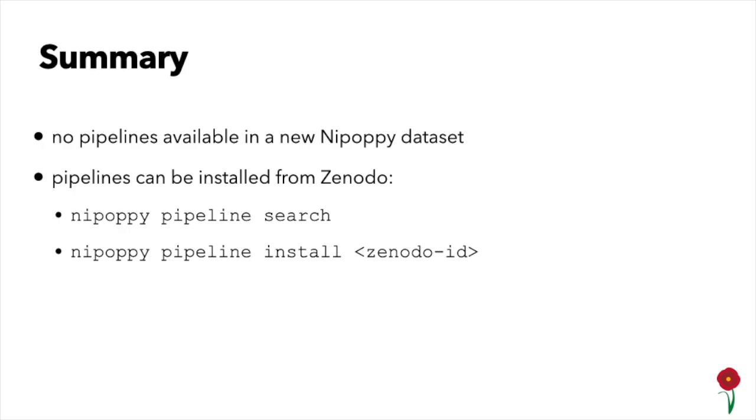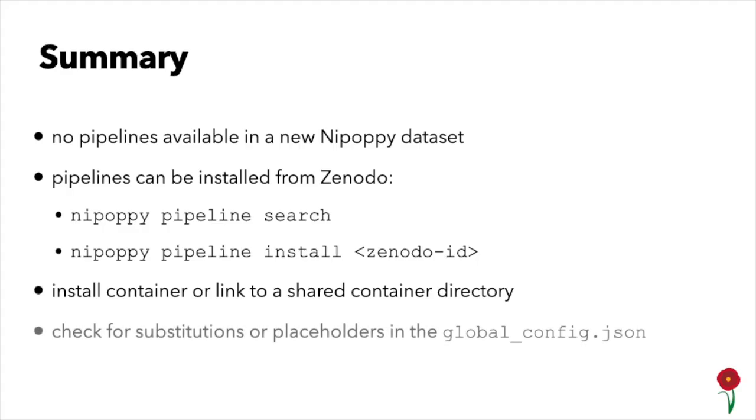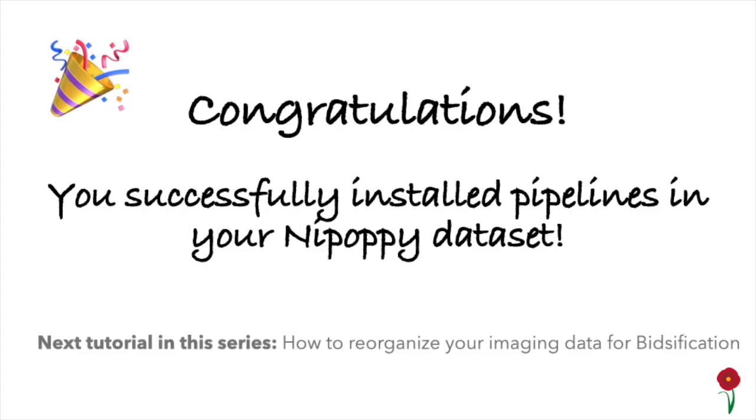We can also choose to install the container at the same time, or symlink a container from a shared resource, or point to the shared resource directly. Once you've installed the pipeline configs, check your global config file if any substitutions of placeholders are needed for this pipeline. Congratulations! You are now ready to run containers with Nipoppy.